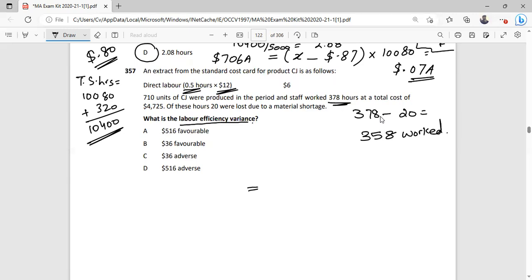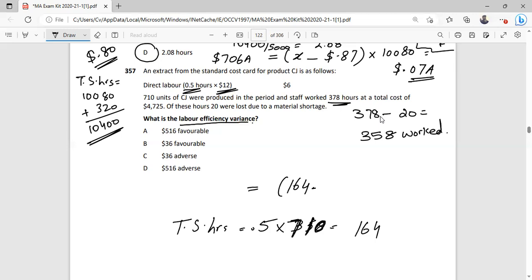So the formula of labor efficiency says total standard hours is equal to standard or budgeted hours per unit into actual production units: 0.5 into 710 actual production units.